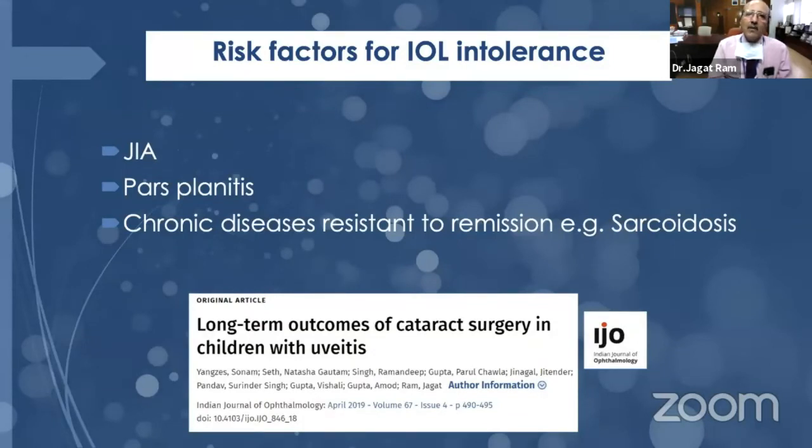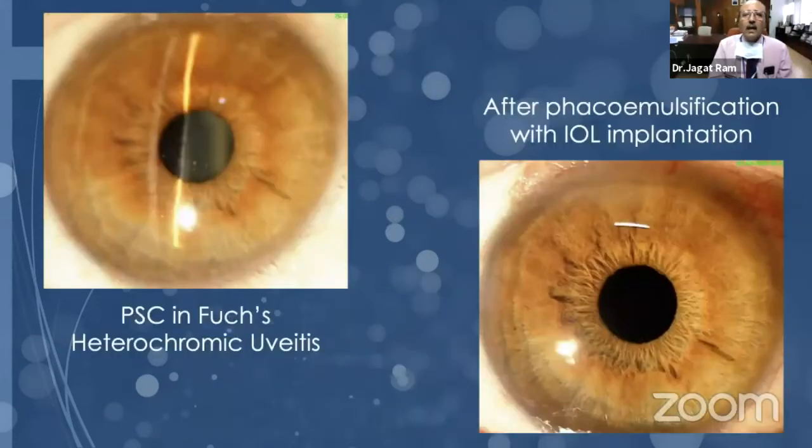Risk factors for IOL intolerance are JIA, pars planitis, and chronic diseases resistant to remission. Best outcome is achieved in Fuchs heterochromic uveitis, which we are not discussing. And our studies have shown that we achieve excellent outcome in these cases.